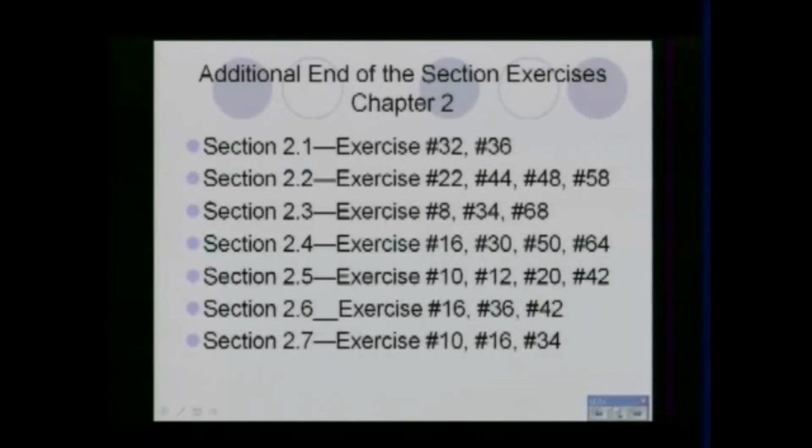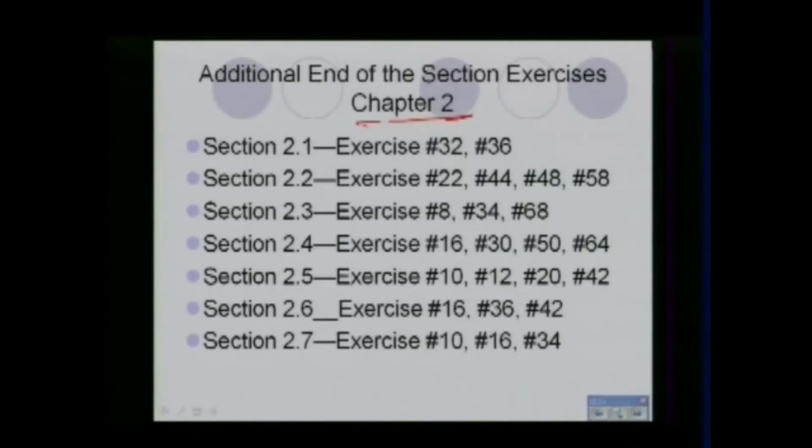So let's look at the exercises we're going to do in this chapter 2. As you can see, all the sections we cover, sections 2.1 all the way to 2.7. There are several problems we're going to do. Some of these problems would be pure and numerical.